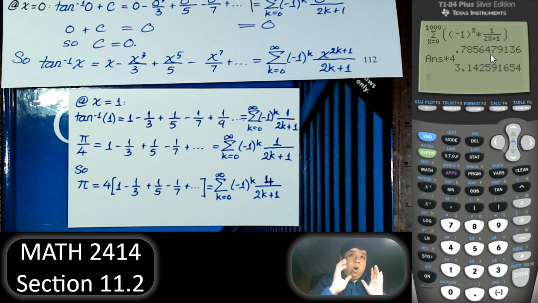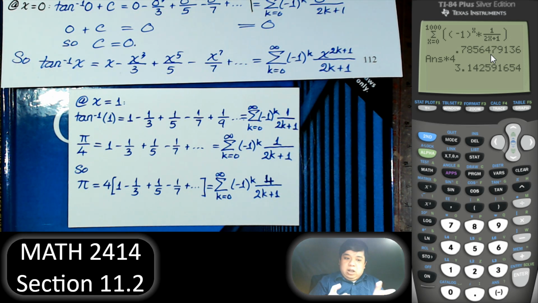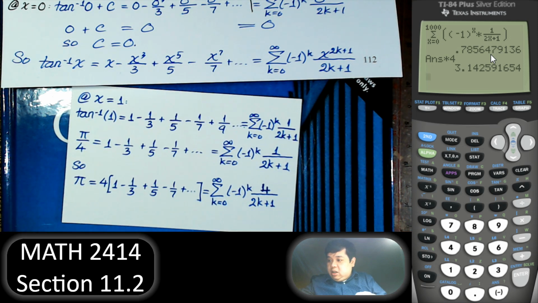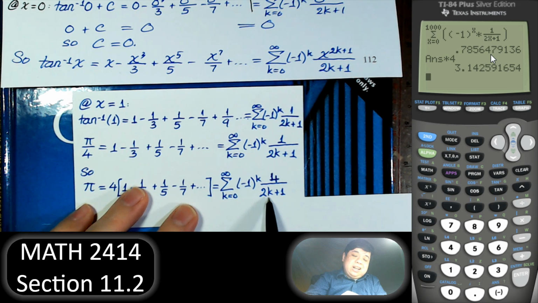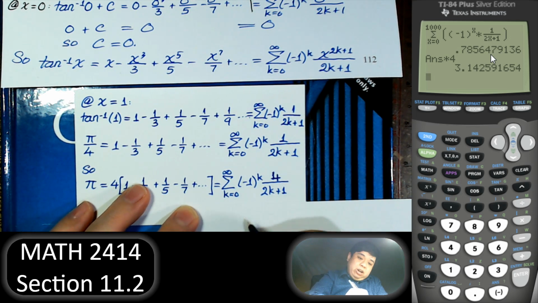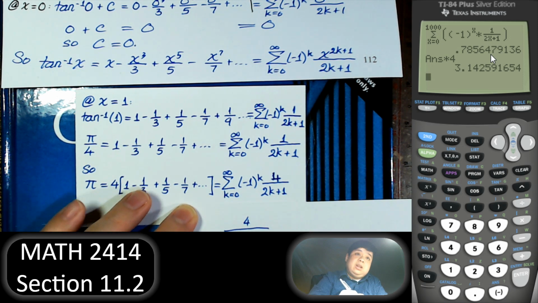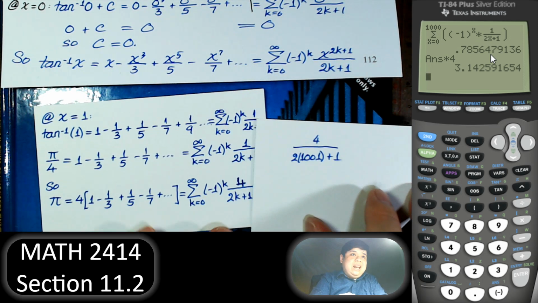If we use 1,000 terms like we did over there, the remainder is actually less than the 1,001st term. Meaning that the actual error is where we put 1,001 here. So we'll have 4 over 2 times 1,001. So the error is going to be less than that.